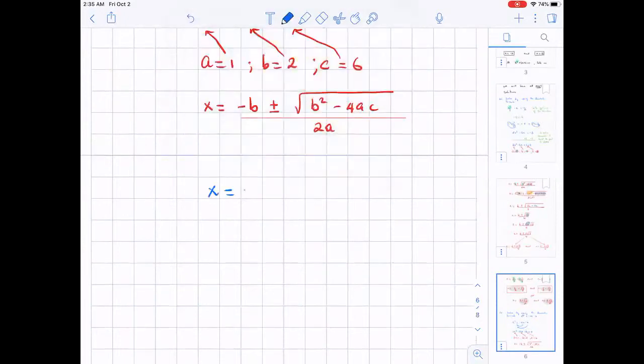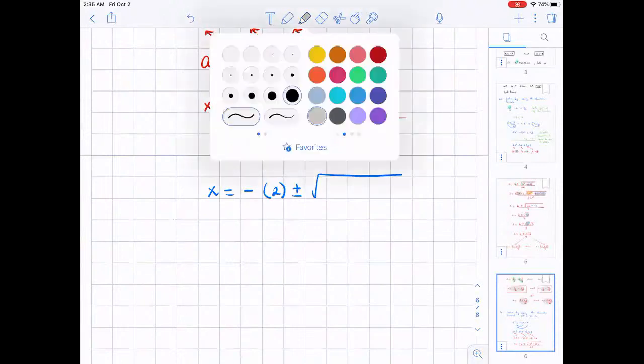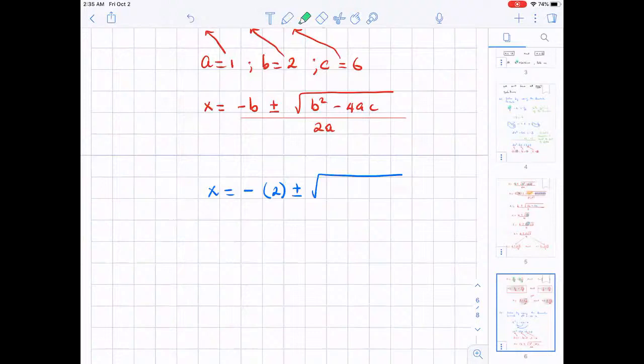X is equal to minus, instead of b we'll write 2 plus or minus the square root of, okay, we have here b is 2, b is 2, okay, so then we have 2 squared minus 4, and then we have 2 parentheses, one for a and one for c.